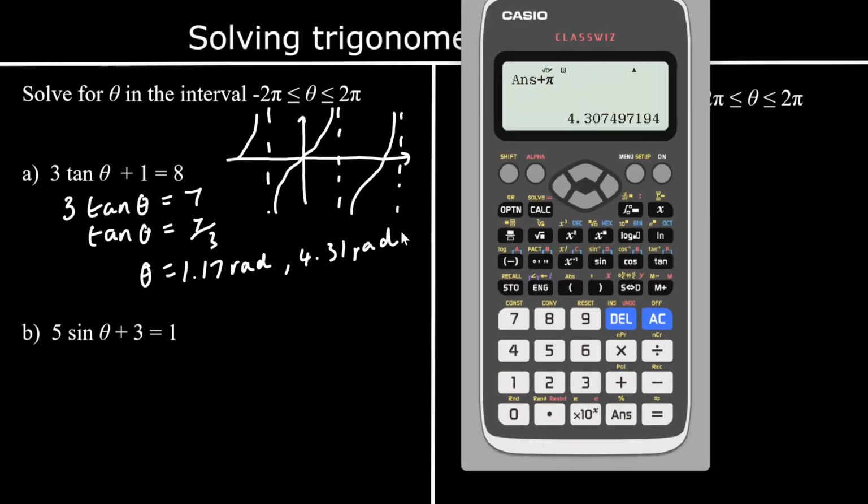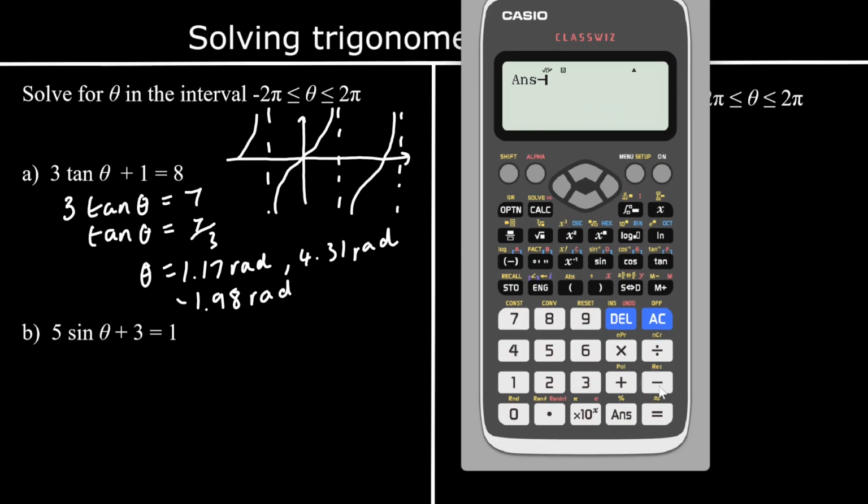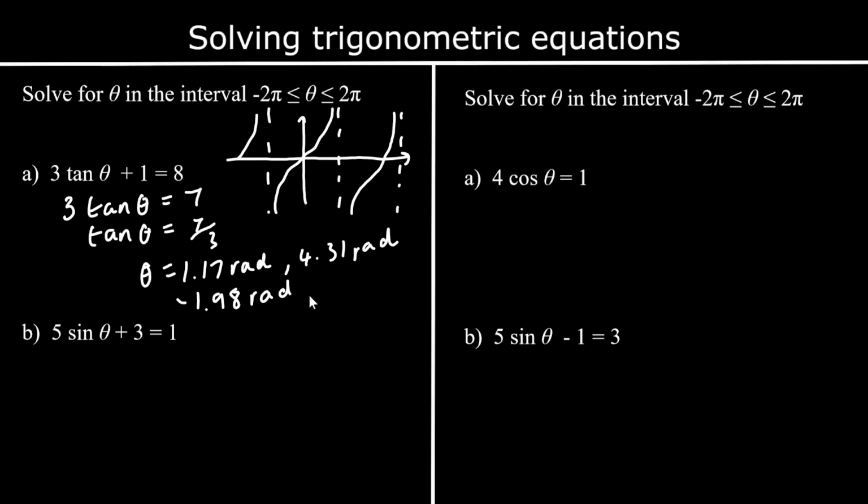Then I also want to take pi away. So my first answer, take away pi, is negative 1.98. And then I can even take another pi away, negative 5.12. So I've got 4 answers between negative 2 pi and 2 pi.